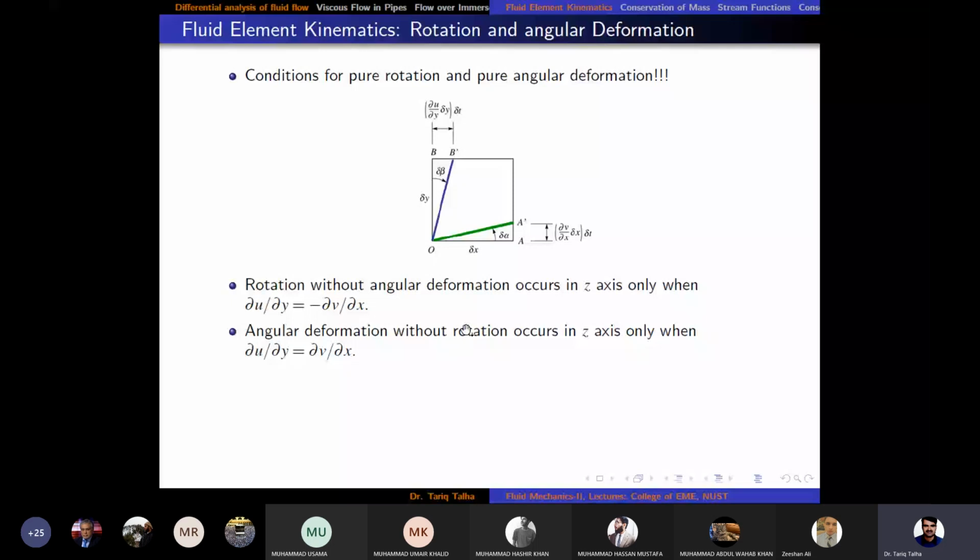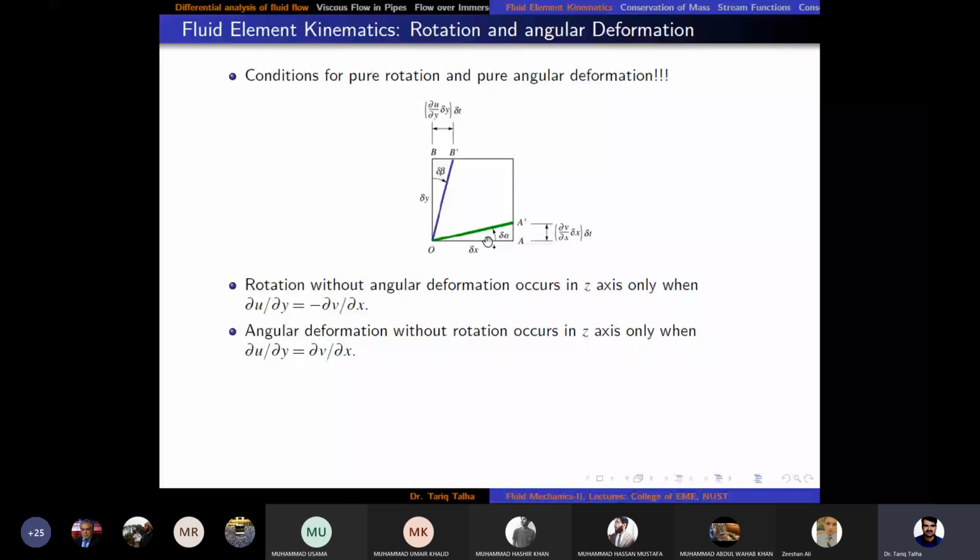So now, if we want to have both phenomena in which there is rotation as well as angular deformation, then if partial u by partial y is not equal to partial v by partial x, then we would have simultaneously rotation as well as angular deformation.